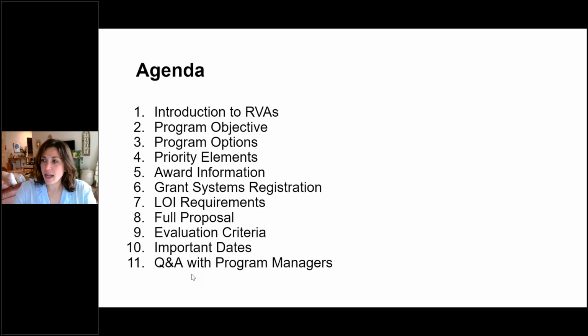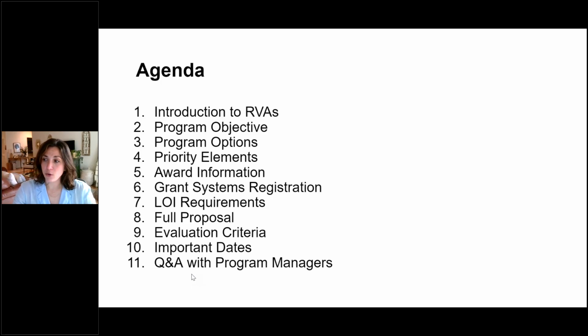So our agenda for today is we're going to talk a little bit about what are regional resiliency and vulnerability assessments, talk about the objective of this funding opportunity, as well as the different project options that you can apply for. We'll go over what are some of the priority elements of this proposal, information about the award itself.